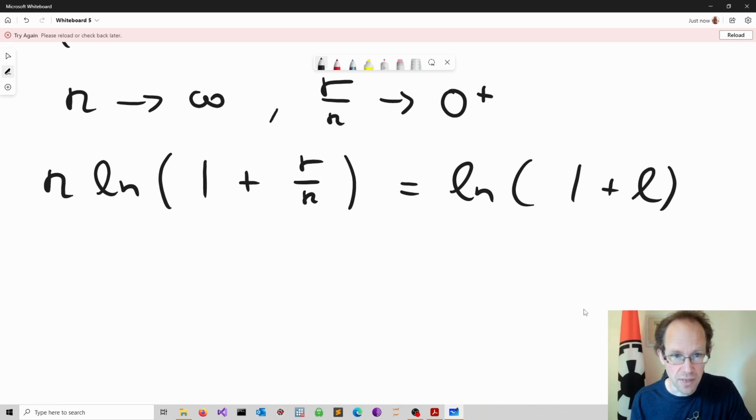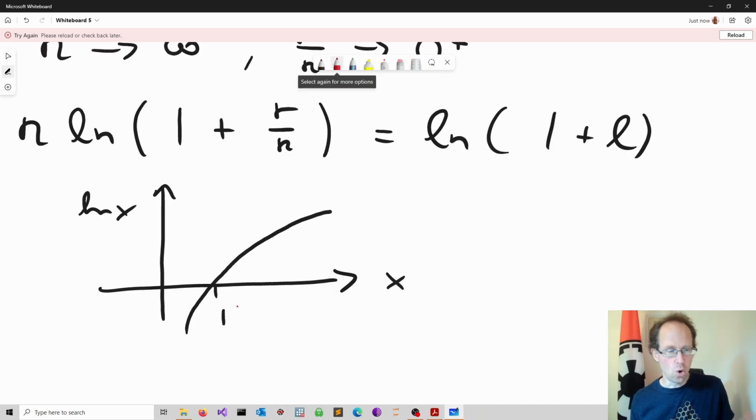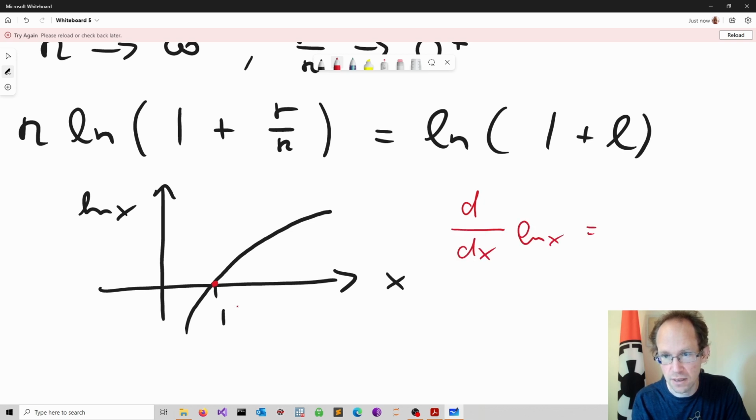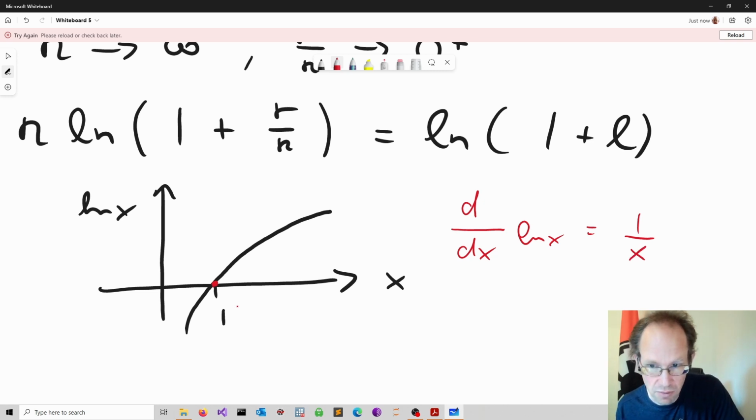To visualize the approximation, let's have a look at the ln function. We know that the ln function takes the value 0 if x is equal to 1. So we know the value at this point here. We also know the slope of the function. If we take the first derivative, d dx ln x, obviously it's 1 divided by x. If we evaluate this first derivative at x equal to 1, the slope at this point is equal to 1.